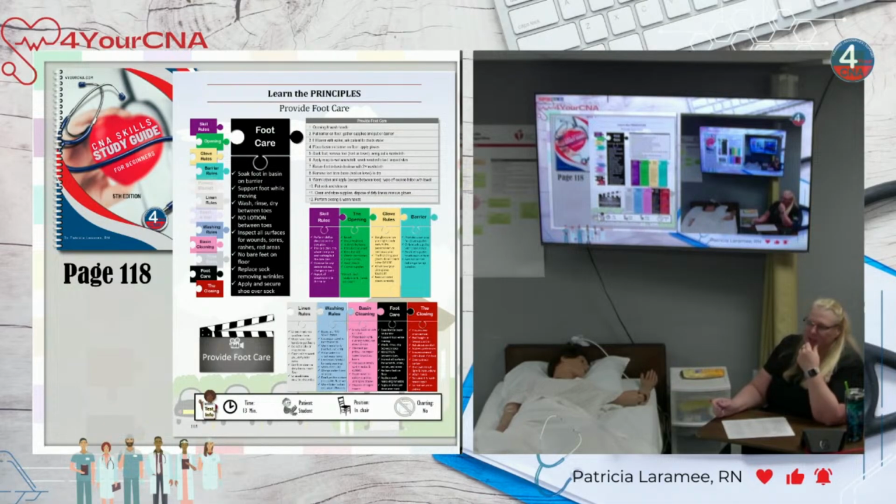Foot care is just like hand and nail care, a little lower, but we don't do anything with toenails. We're not going to clean under them, and we're not going to file them. So what's left? Well, we soak the hand, wash the hand, rinse the hand, dry the hand, and put lotion on it. We're going to soak the foot, wash the foot, rinse the foot, dry the foot, and put lotion on it. That's foot care.